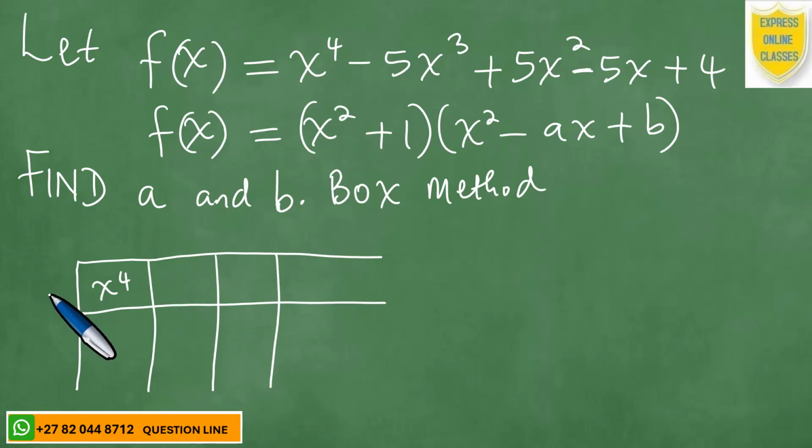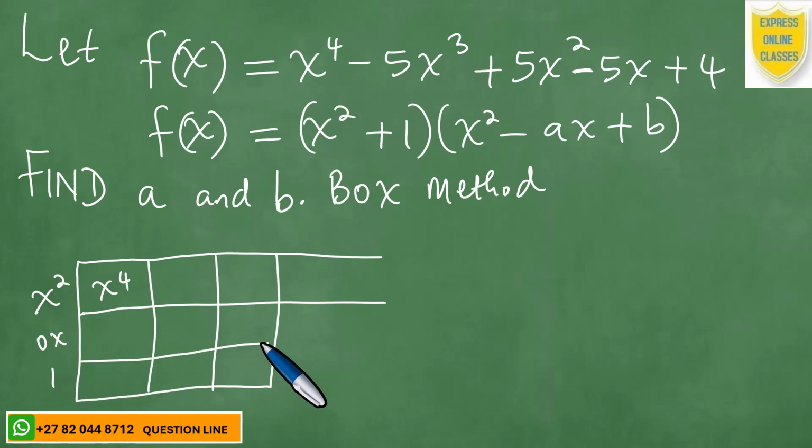And we divide this polynomial, x to the fourth power, by the polynomial x squared plus 1. The x squared plus 1 can be written as x squared, 0x, and then 1.